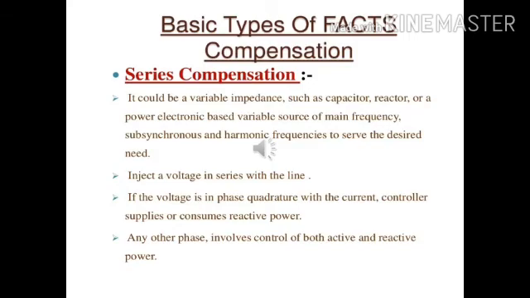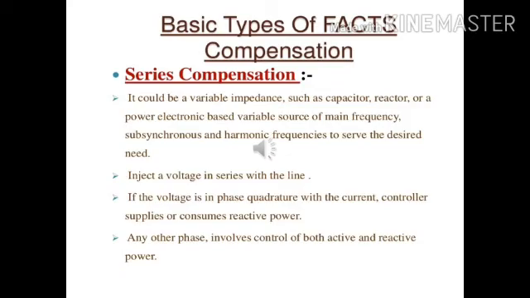Now we will discuss series compensation. In series compensation, the FACTS controller is connected in series with the line. It could be a variable impedance such as a capacitor or reactor, or a power electronics based variable source of main frequency. In series compensation, it injects a voltage in series with the line.